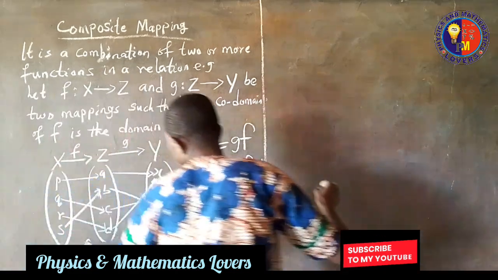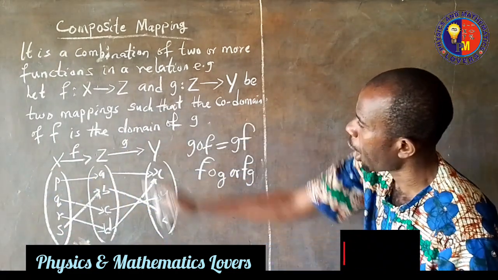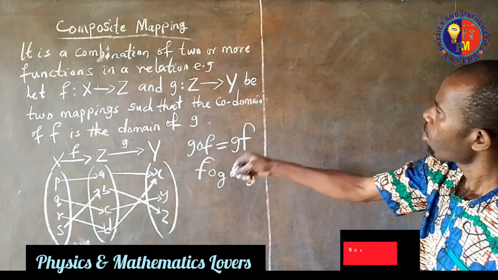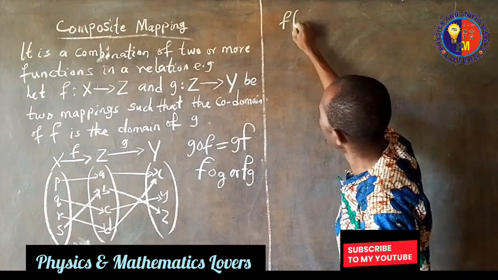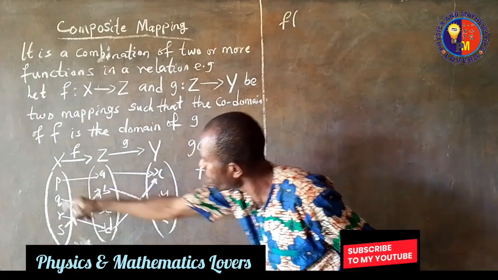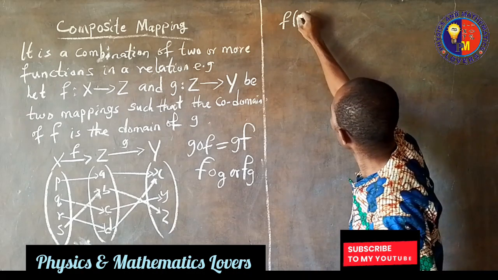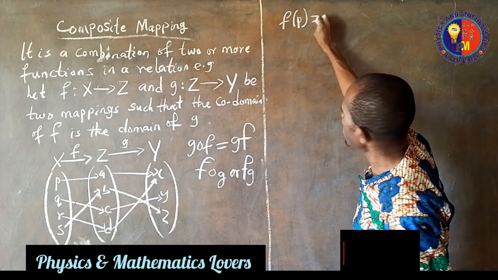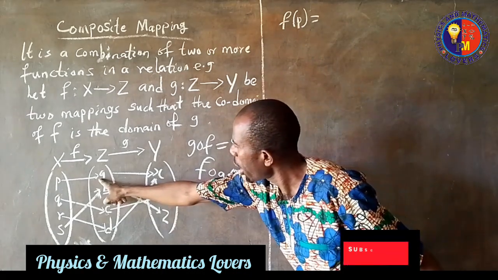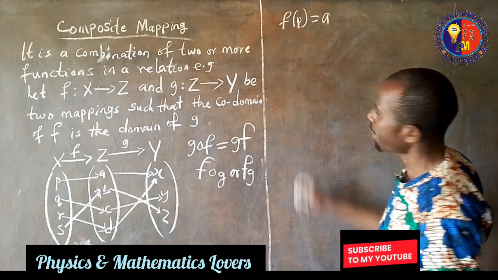Now, to write the images from the arrow diagram above, you are going to have your f function: f of p produces a. That is it.